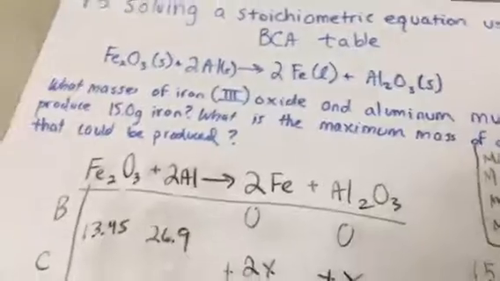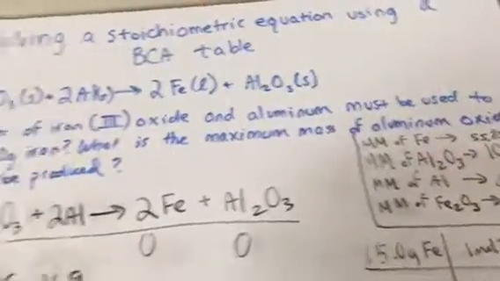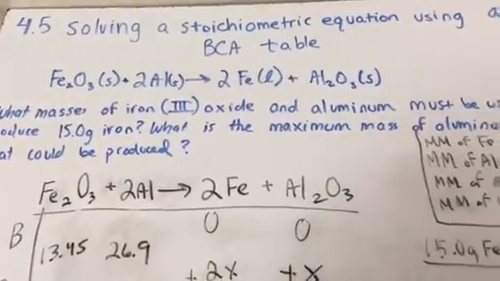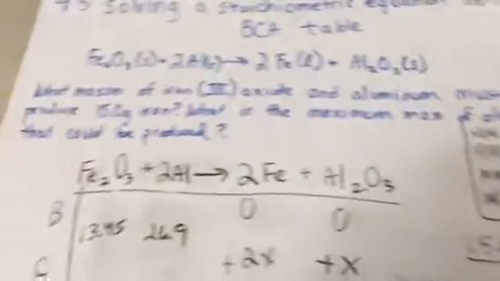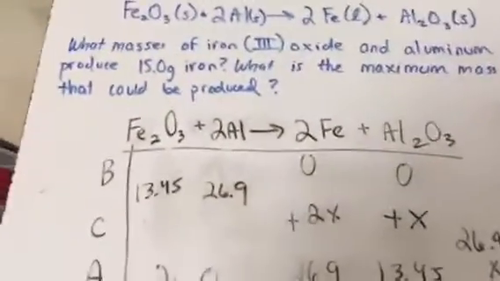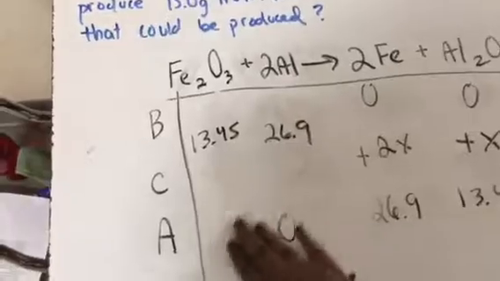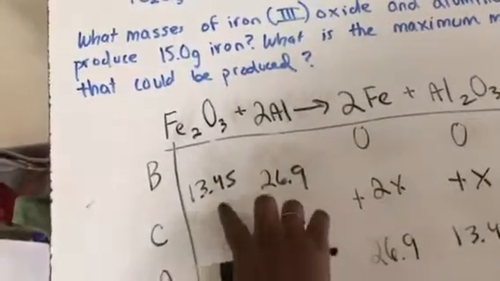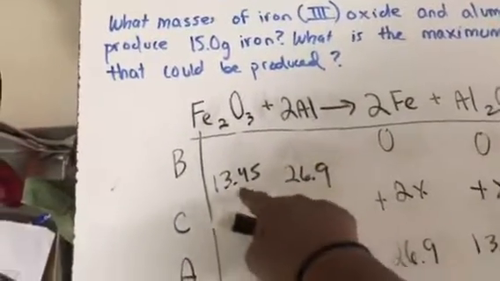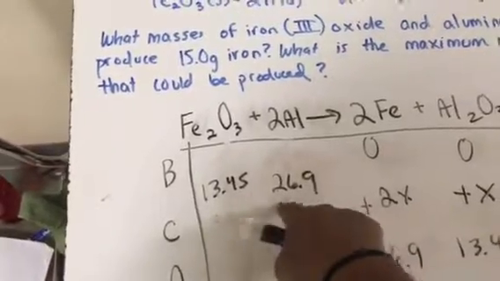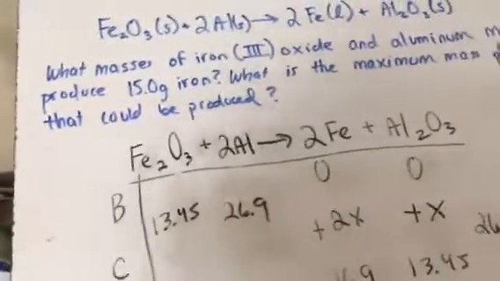Okay, now let's find how much iron oxide and how much aluminum must be used to produce that amount of iron. Okay, so we already have our x's and 2x given, so we already found the mole amount for both iron oxide and aluminum, which is just what we need.